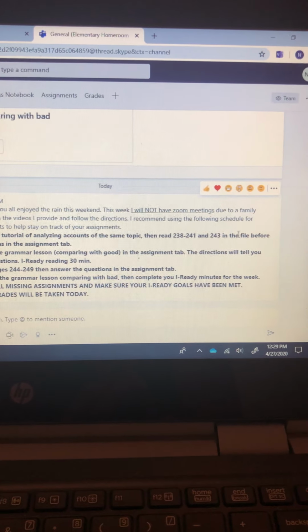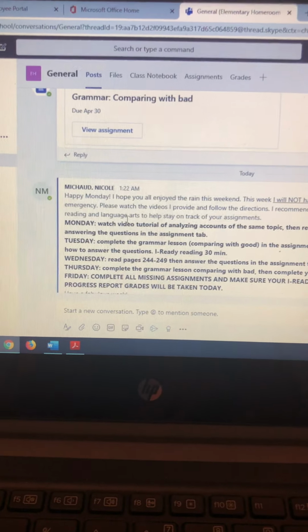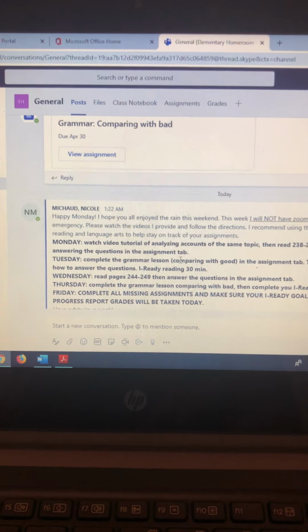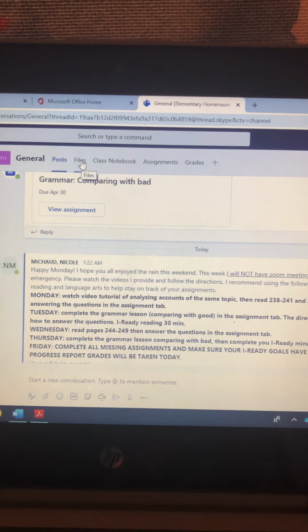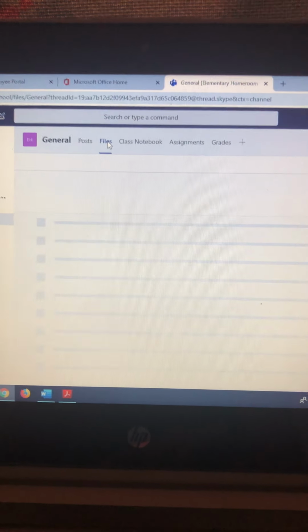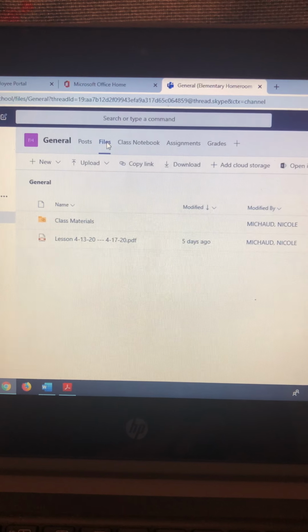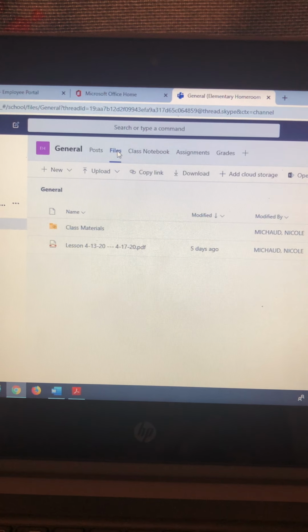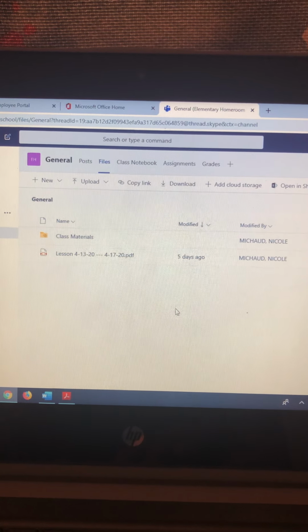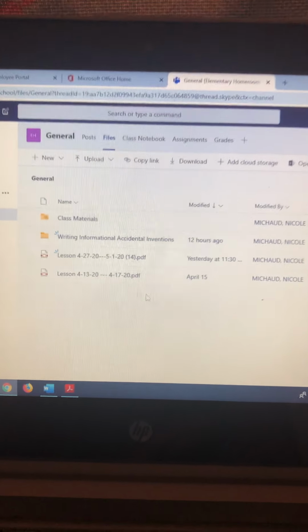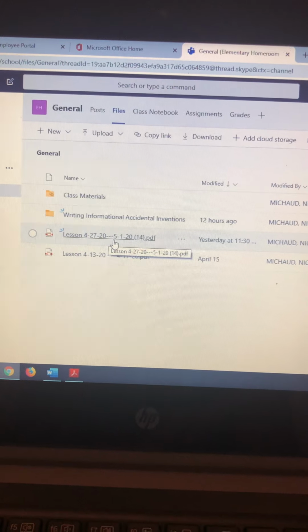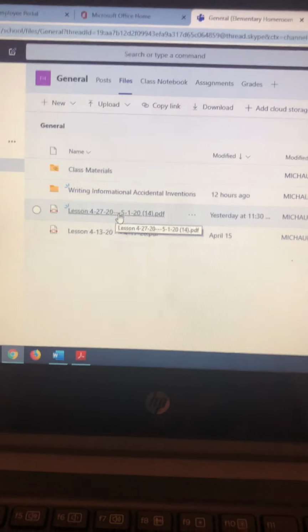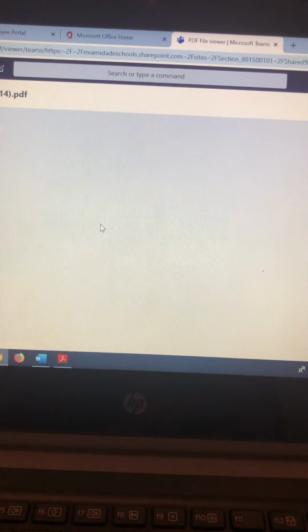This is going to be in the file before answering the questions in the assignments tab. So you first have to go to the file. Okay, here's this week, 427 through 5/1, click on that.